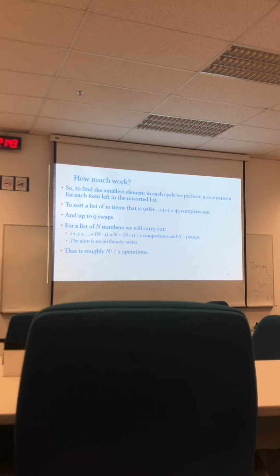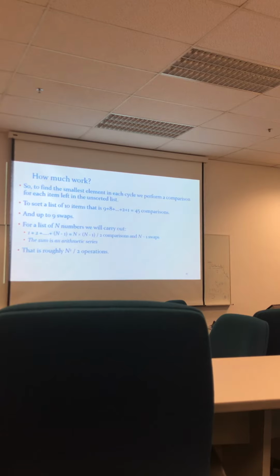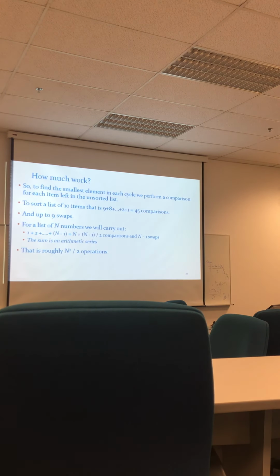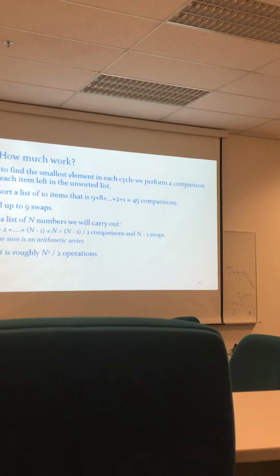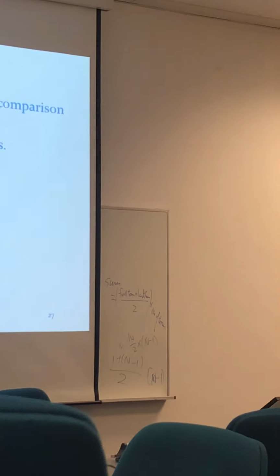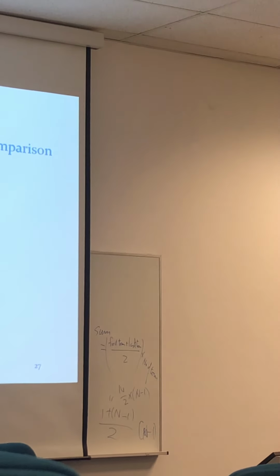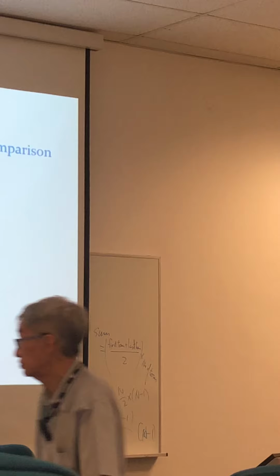For calculating the number of operations involved, usually we just want the approximate figure. So if we add these two together, it's the number of operations involved in order to do selection sort. When you add this and this together, how much?